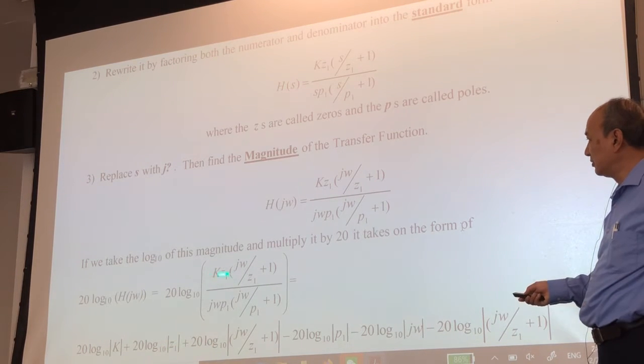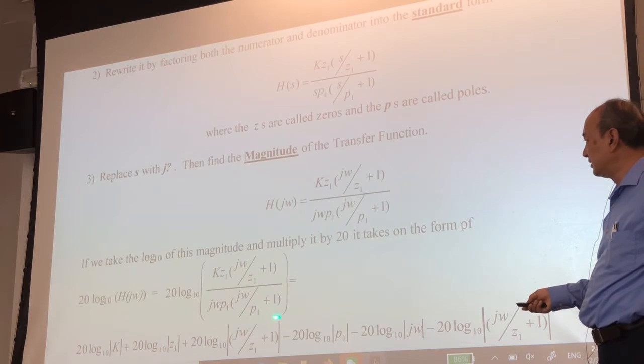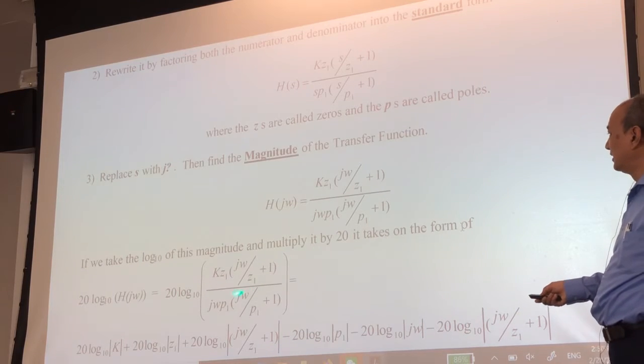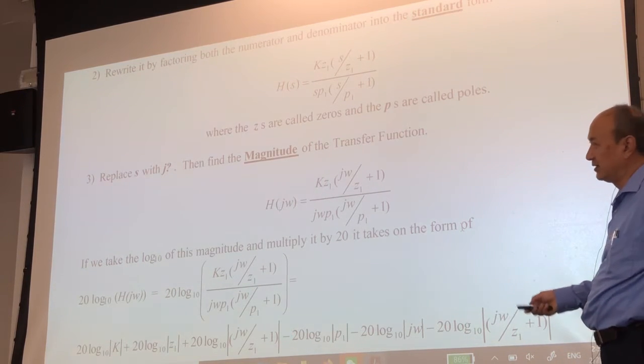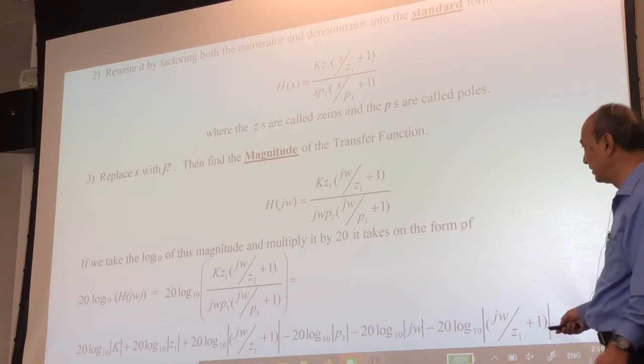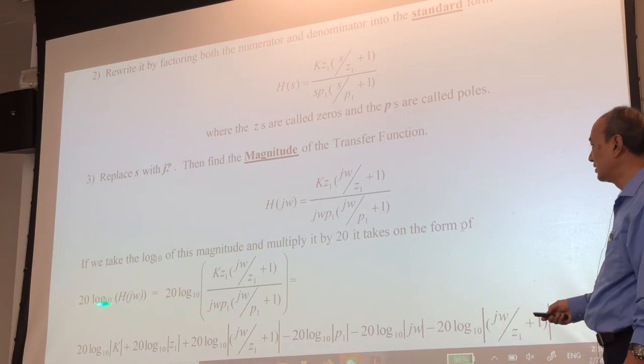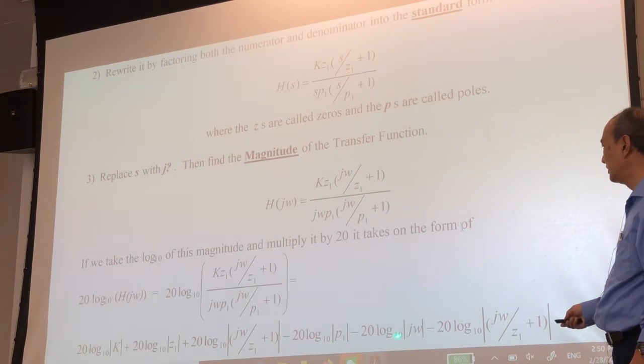All the products become summations, and here is log 10 of the term 1 plus j omega over z. The denominator terms come with a minus sign. So we do 20 log 10, and we have this one, this one, and this one.